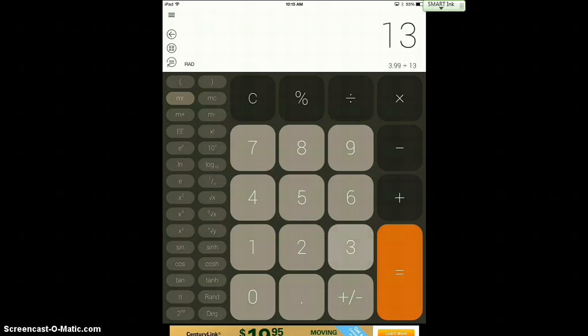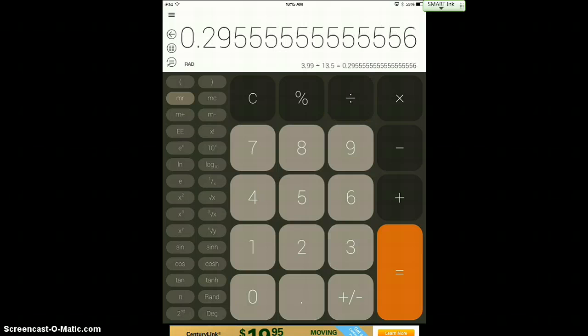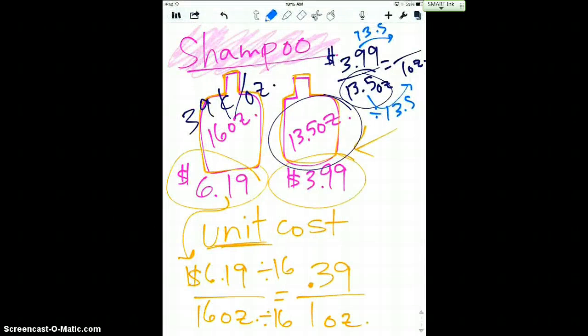There we have it. I'm looking at the thousandths place. The 5 is 5 or above, so I'm going to give the 9 a shove. If I give 9 a shove, it becomes a 10. So how much money was that? 30 cents. So I have this one as 30 cents per ounce. This one 39 cents per ounce.